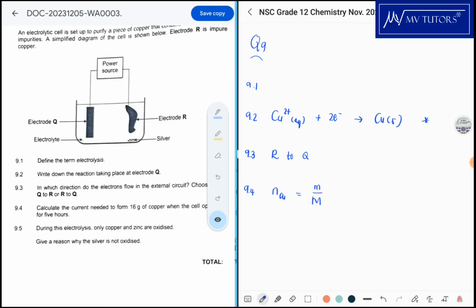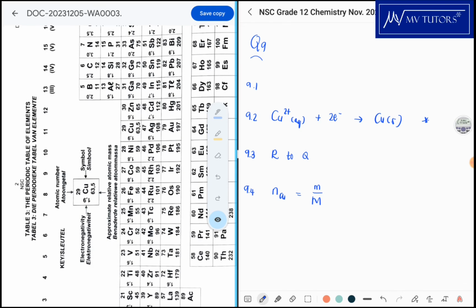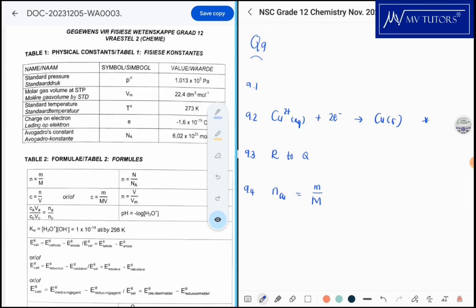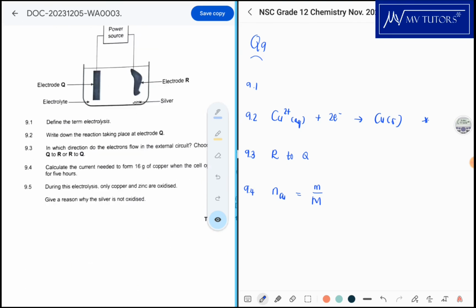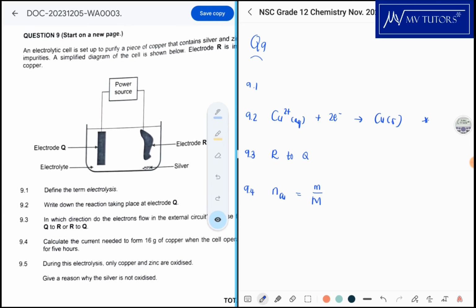The molar mass for copper is 63,5. So our mass is 16 grams and our molar mass is 63,5 grams per mole.